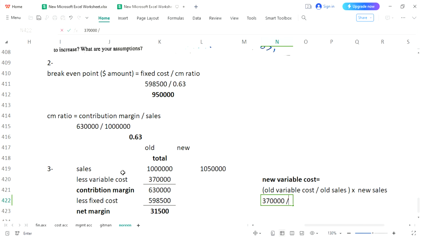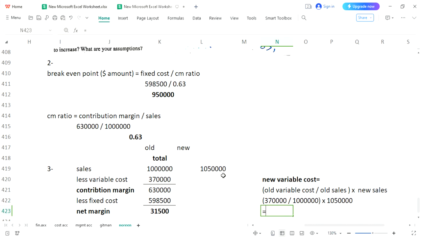Old sales. This is old sales, 1 million. Write down 1 million, and then you need to put the bracket on both sides. Okay, and finally you will be multiplying it with new sales. New sales we have already calculated, 1,050,000 or 10 lakh 50,000 is written over here.